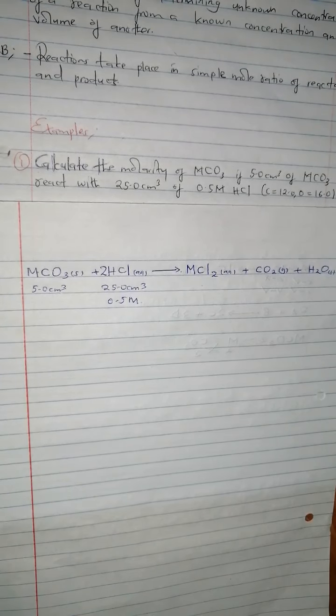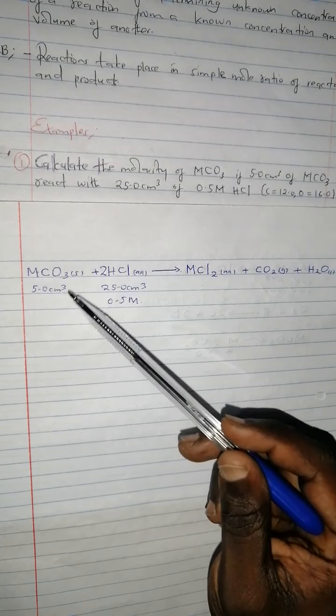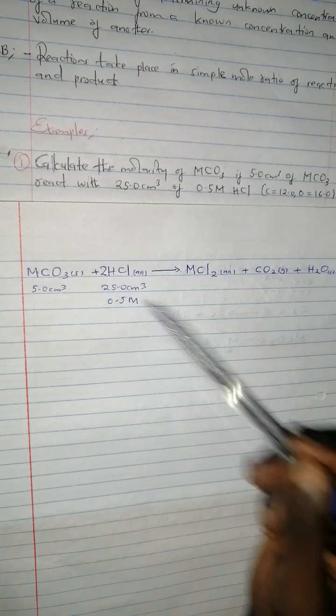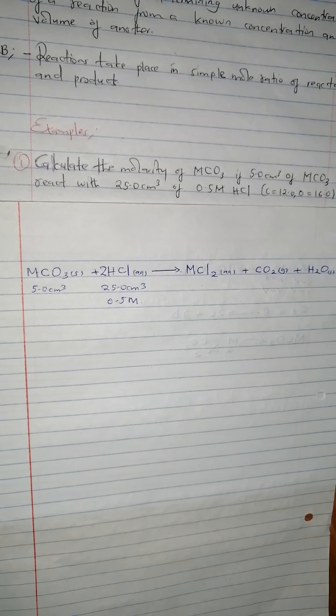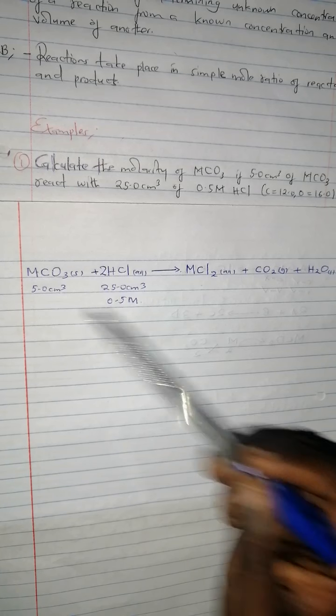That is one thing that I normally advise students to do: always write whatever you've been given below the substances or compounds in the question. So we are asked to calculate the molarity of M carbonate.